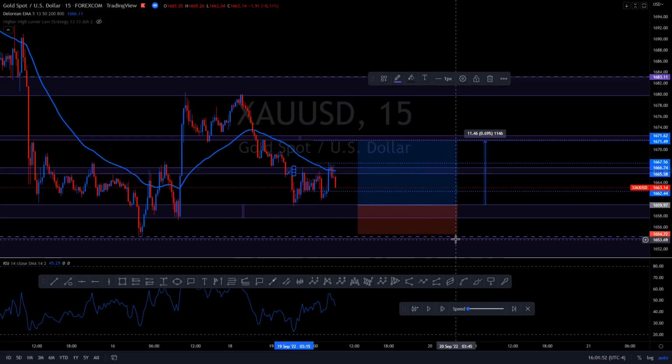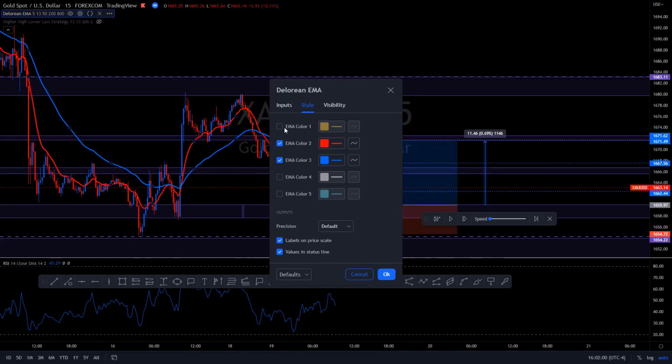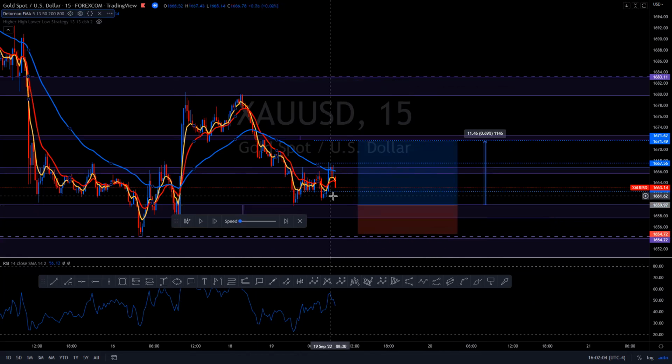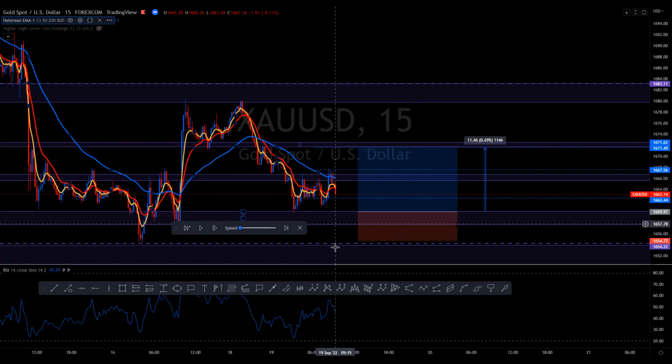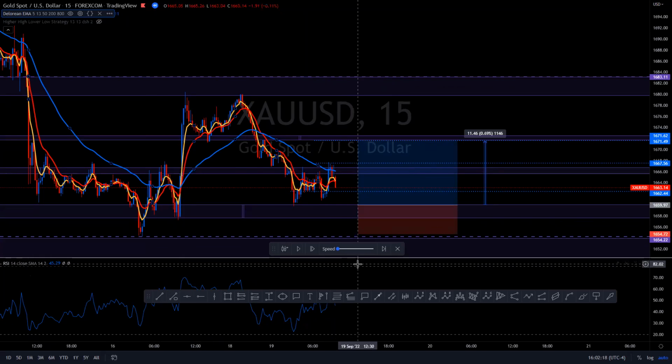So what I want to do is show you guys what price ended up doing. I'm going to turn on the DeLorean EMA. So again, this is the 915 candle, if I'm not mistaken. Yeah, this is the 915 candle. So it looked like it was going to sell, but I said, let me wait for the next candle because I don't want to get caught in a bear trap, right?